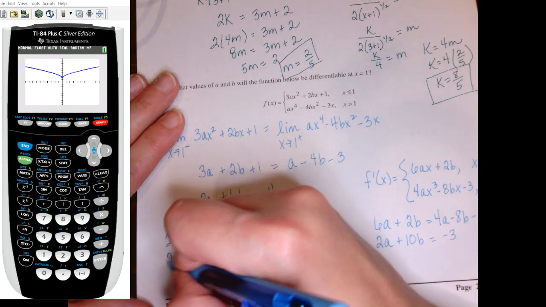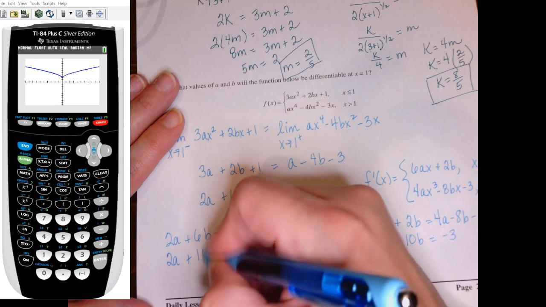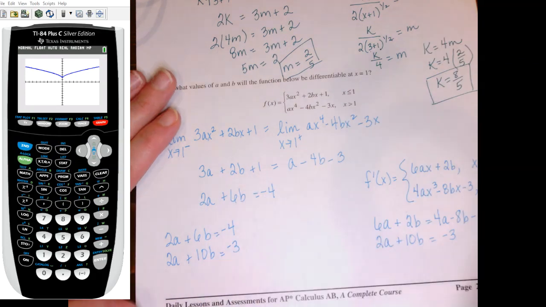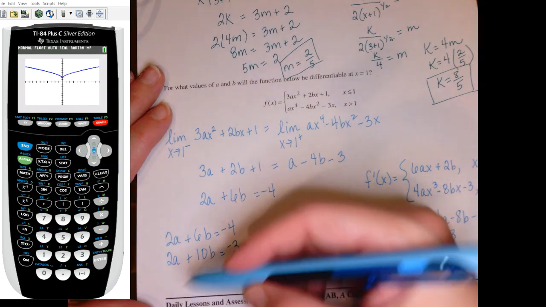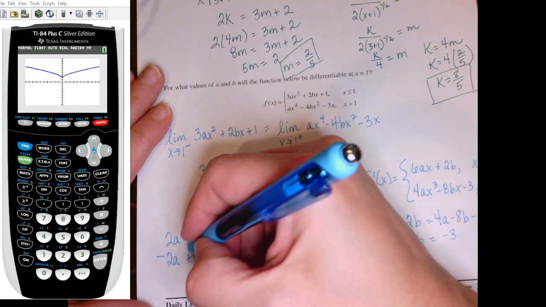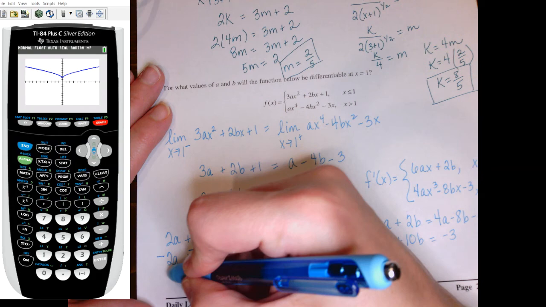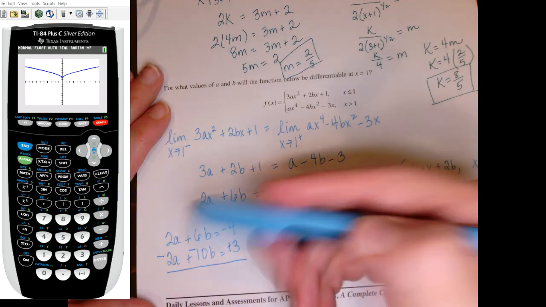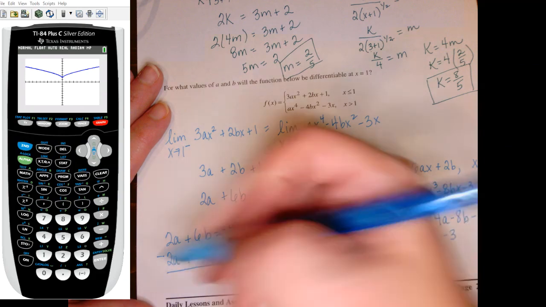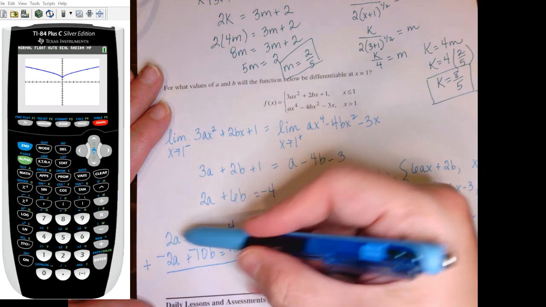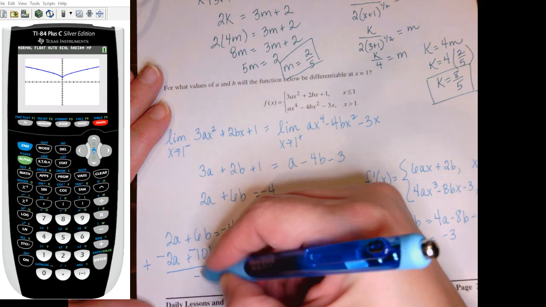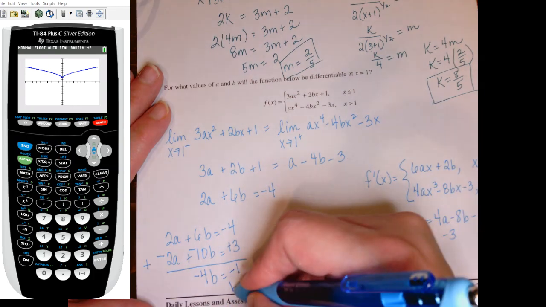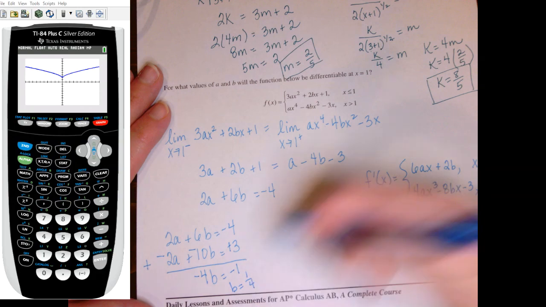And I'm going to take 2a plus 10b equals negative 3. I'm going to distribute a negative to this second equation, which essentially changes all the signs. The reason I do that is because I want to eliminate the a's. You'll notice very easily when I add these two equations together, the a's eliminate. I'm left with negative 4b equals negative 1. So b is 1/4.